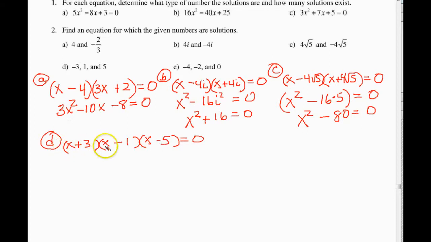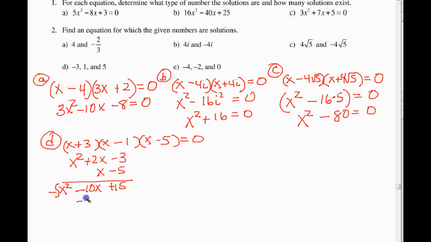So here we're going to FOIL. x squared plus 2x minus 3, and then multiply it by this. Plus 15 minus 10x minus x squared, 5x squared.